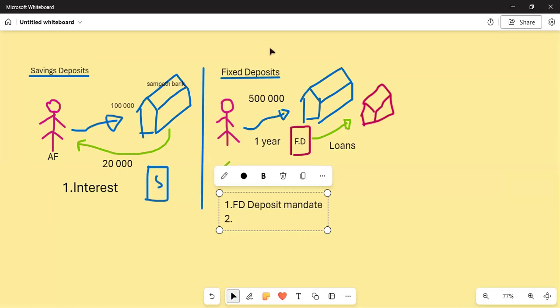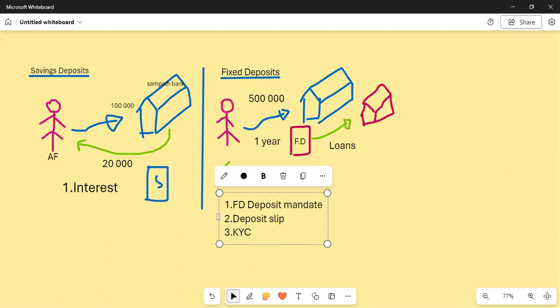Yes, there are 6 months FDs also. Besides the FD deposit mandate, you have to fill something called a deposit slip, and there is something called know your customer, KYC, that you have to fill also.